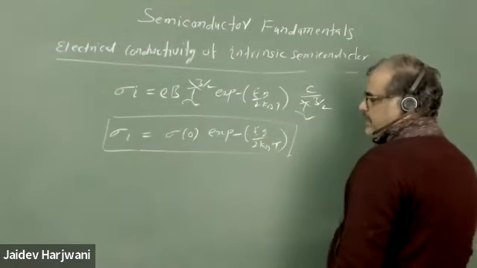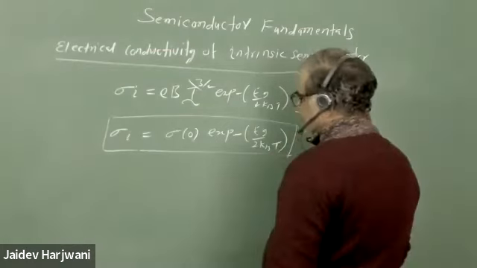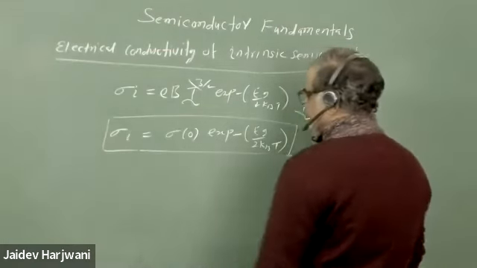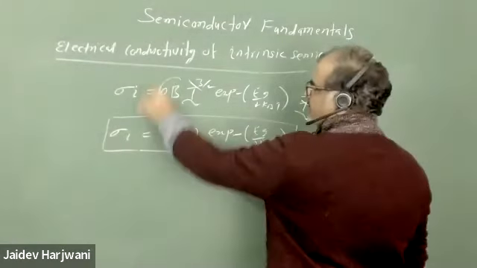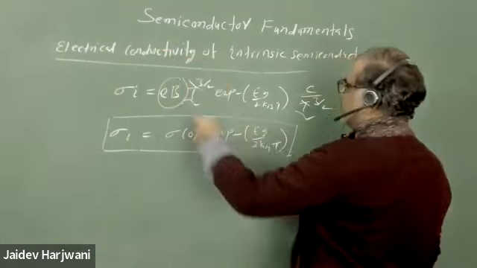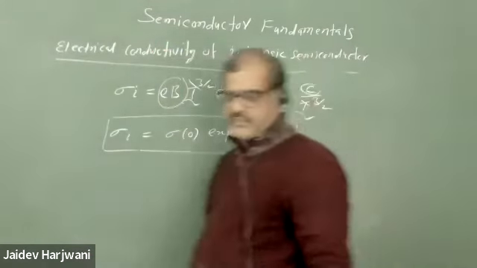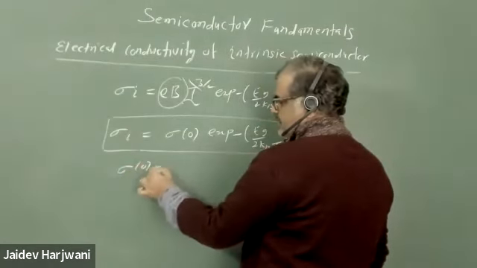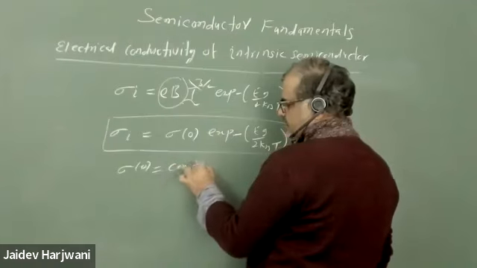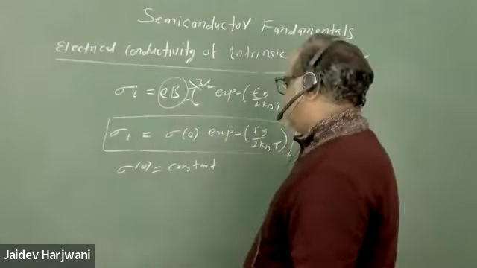Now if I take the log of this expression, what is sigma 0? This sigma 0 is a constant. It includes the constant e_b and any other constant c. So whatever constants come in the expression combine to give a new constant sigma 0.